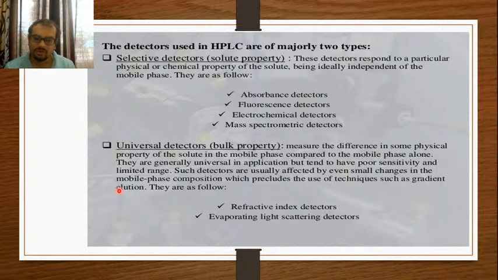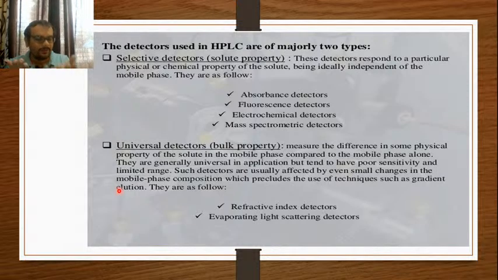Okay, so the universal detector system, as we already said: the single detector or selective detectors are independent of the mobile phase. But universal detectors generally carry out detection by comparing the solute with the mobile phase composition. Mobile phase composition forms an integral part of the comparison in a universal detector system.